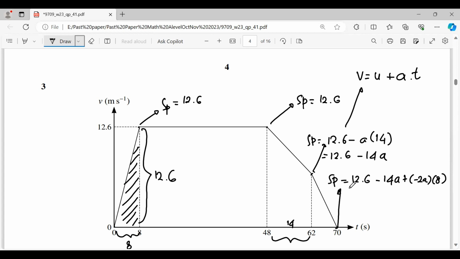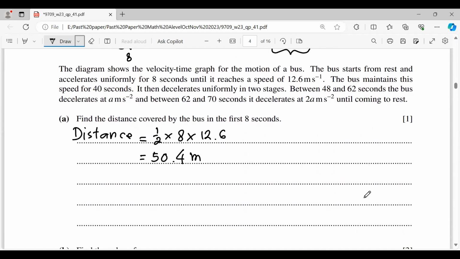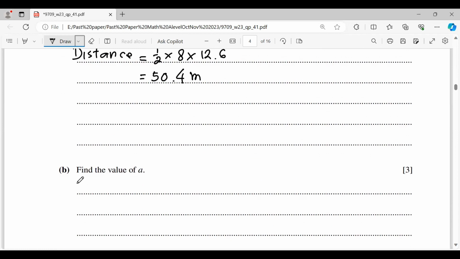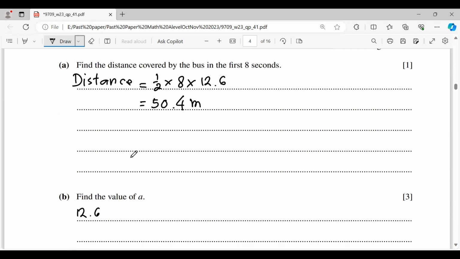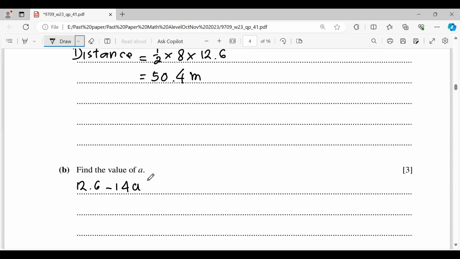Okay, if speed equals 0, let's calculate on this area: 12.6 minus 14a plus minus 2a times 8 equals 0.